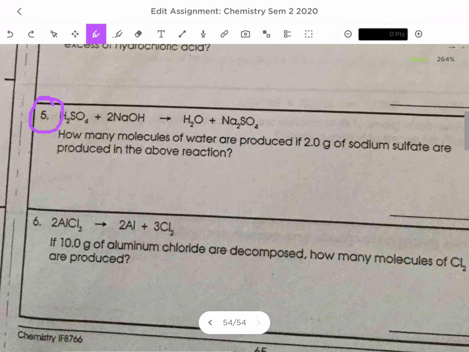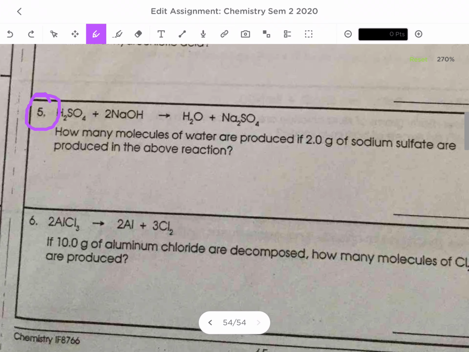Let's take a look at number 5 really quick. It says how many molecules of water are produced if 2 grams of sodium sulfate are produced in the above reaction. So this problem's a little bit different because it says molecules of water.